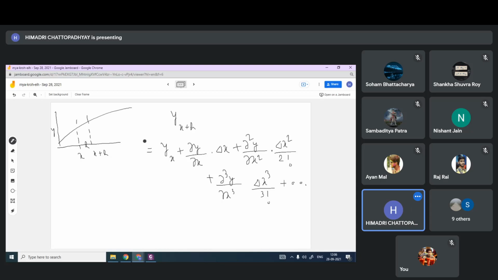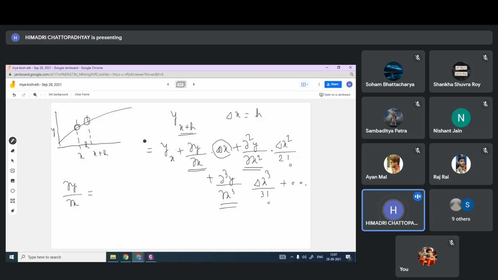So if I know the value of y at x, the value at a gap x plus h will be del y del x into delta x. This delta x is nothing but h. So if it is a linear problem, these vanish. So you can write, what is del y del x? Del y del x is how much?